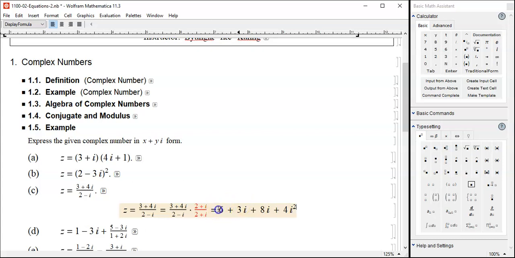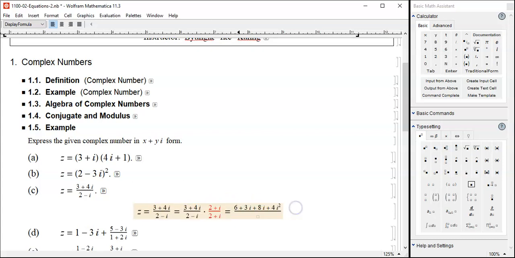So let's do that. And then this one is going to be -1. Look at the denominator. First, 4, and then outside, inside, and then last.